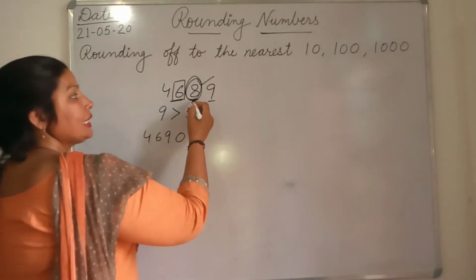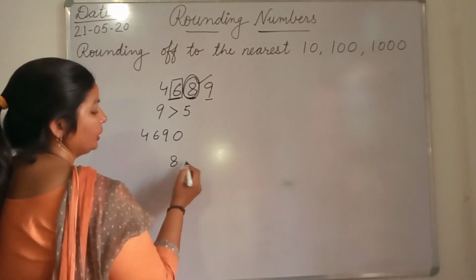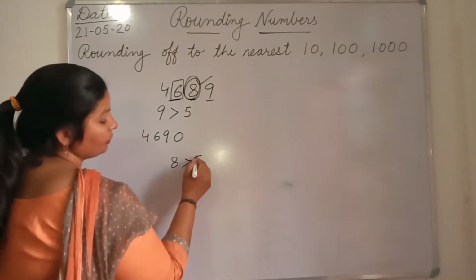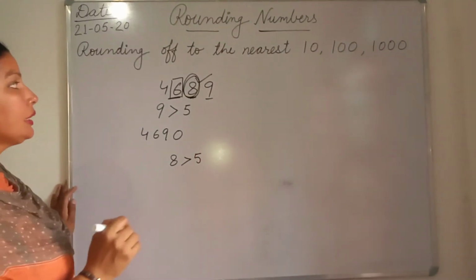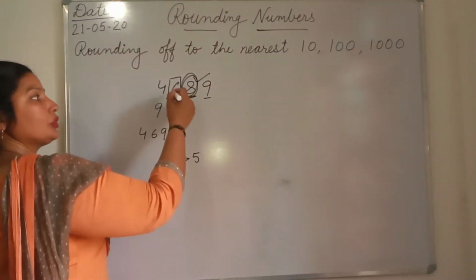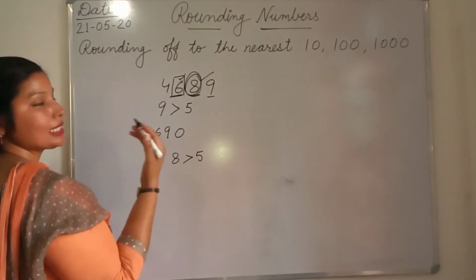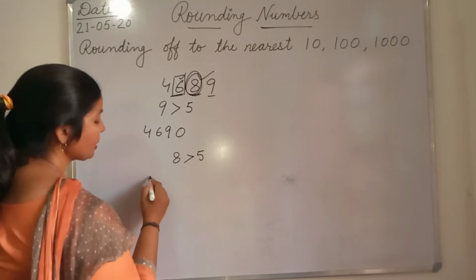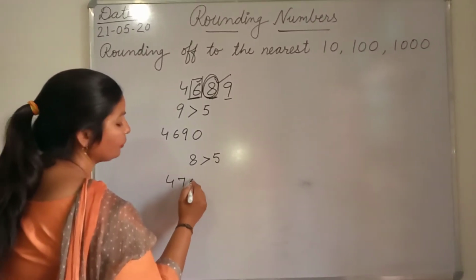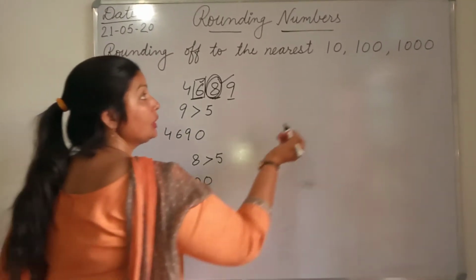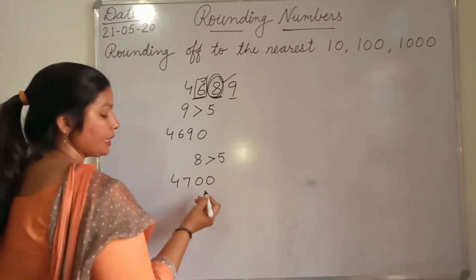Here we have 8, and 8 is greater than 5, so we should increase 6 to 7. 6 plus 1 is 7, so it becomes 4700. Now the ones and tens columns are 0, because in 100 we have ones and tens column 0.